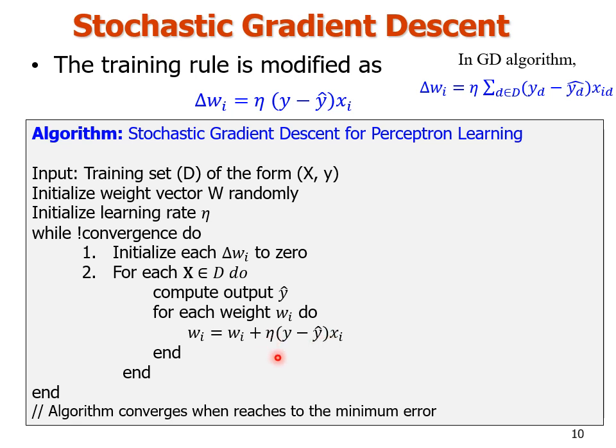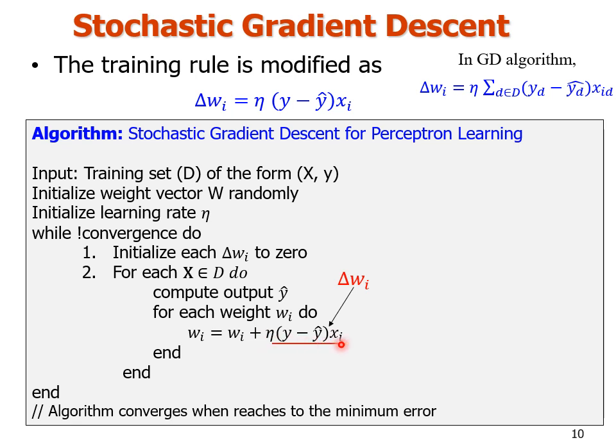This term, eta times (y minus y hat) xi, is nothing but delta Wi. So the training rule here, delta Wi equal to eta (y minus y hat) xi, is modified such that this delta Wi is added into the old value of Wi.